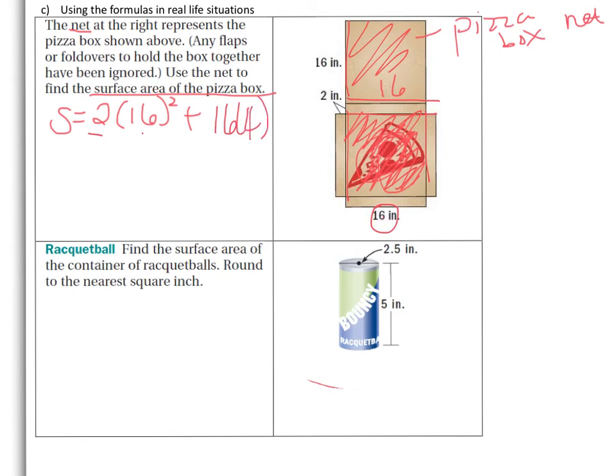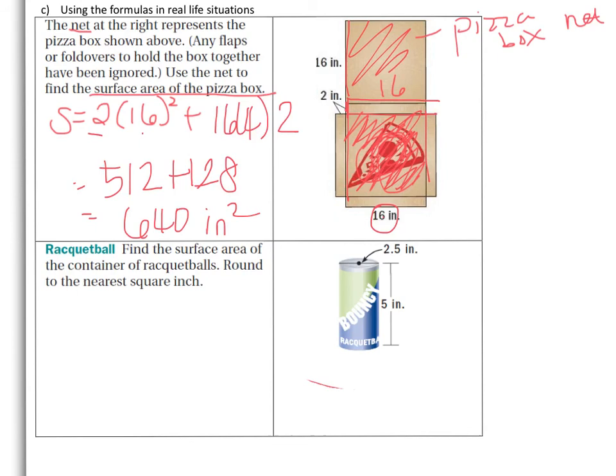And we need to multiply by the height of 2 to get 512 as our next step, plus 128, and this would equal 640 inches squared.